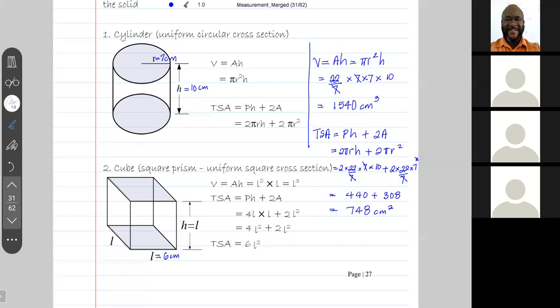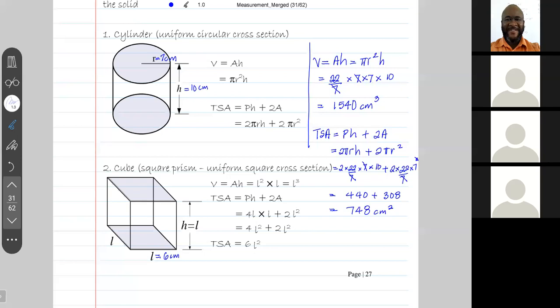Just like how the area of a square is L squared, the volume of a cube is L cubed. Guys, the cube has 6 surfaces. Everybody should know that. The example I gave is that of a die, the die that you use when you play games. It has 6 sides, and on each side you have the numbers 1 to 6.